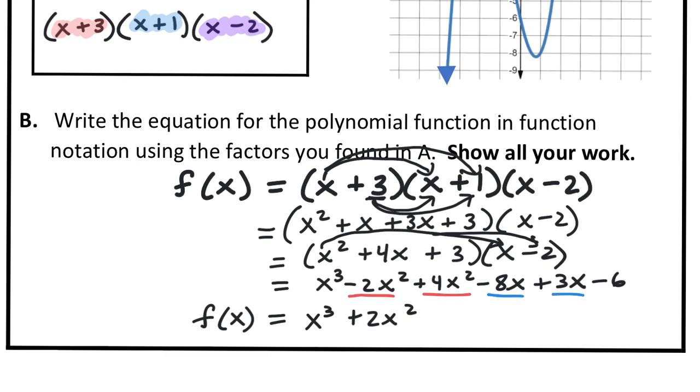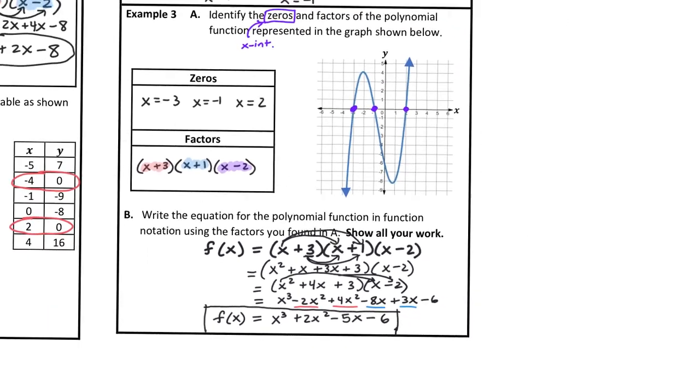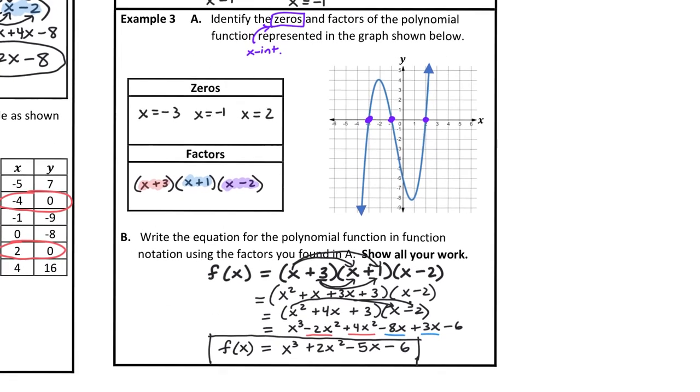And so those two are going to combine to become negative 5x. And then just bring down the minus 6. And so my answer is the following. All right. That was example 3.